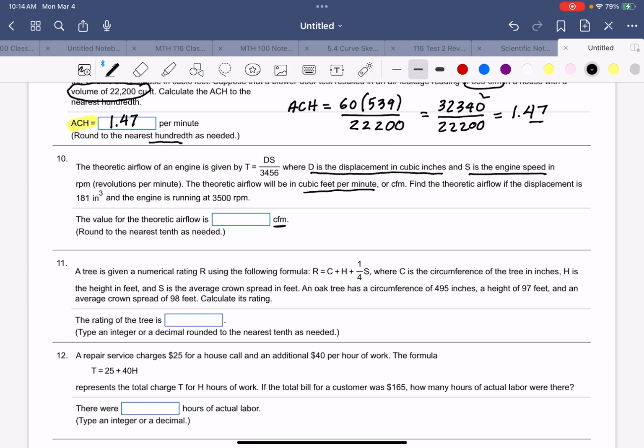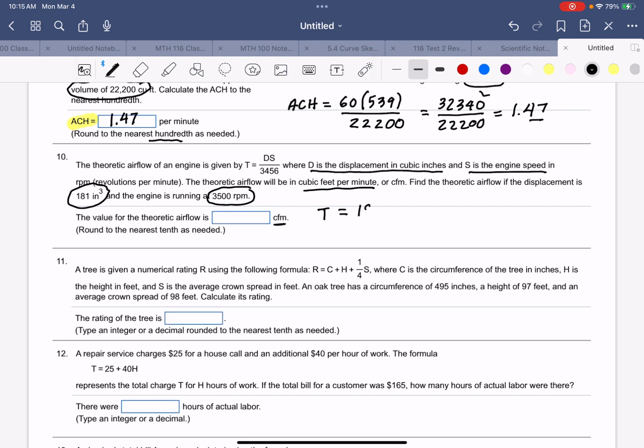We're going to find the theoretic airflow if the displacement is 181 cubic inches and the engine speed is 3,500 RPMs. So our T, which is our theoretic airflow, is our displacement, 181, times S, the speed of the engine, 3,500.